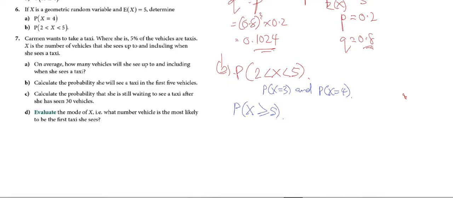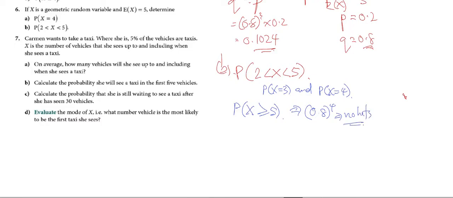The success only starts from the 5th trial onwards: nothing happens for the first 4, but on the 5th, 6th and so on, there's a hit. So no hit in the first 4 is 0.8 to the power of 4.